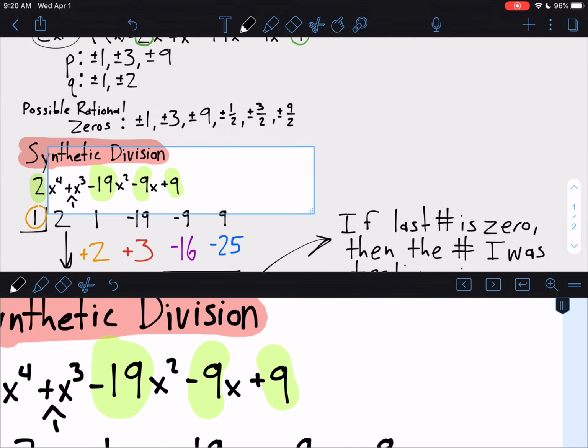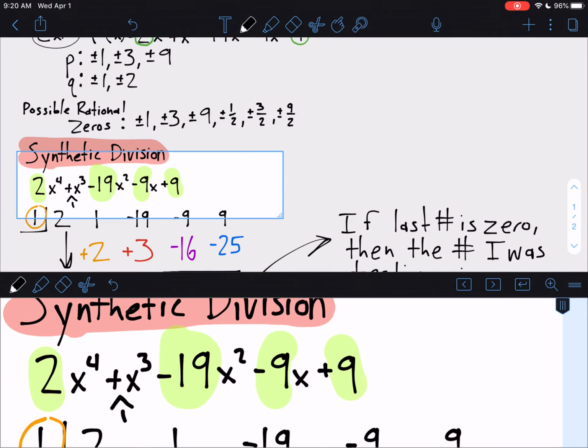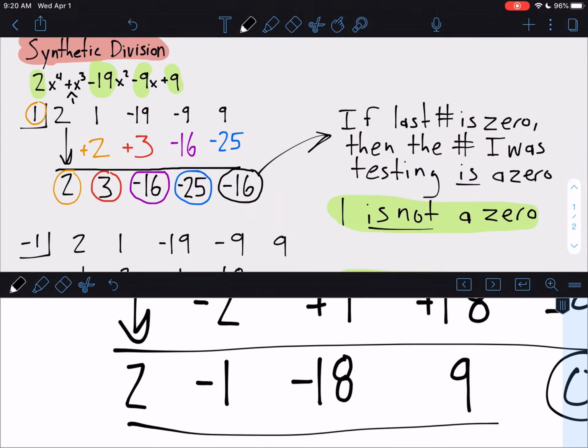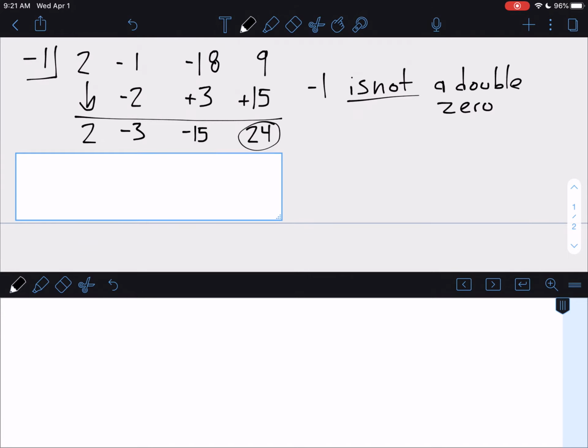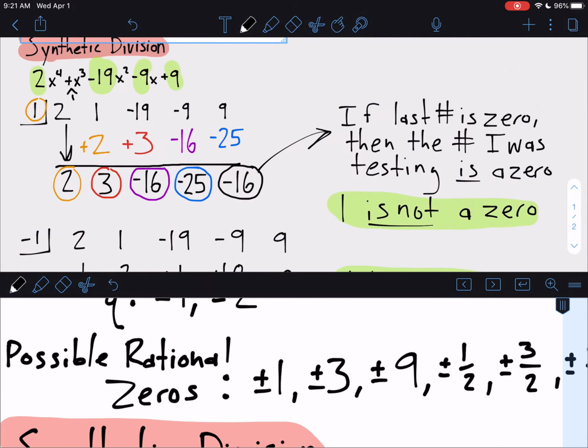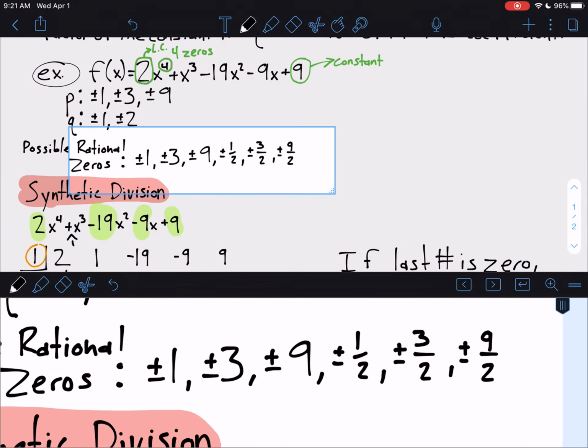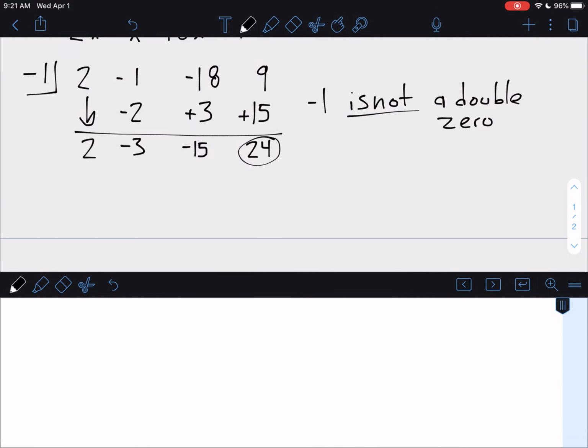So the next thing I got to do, my possible rational zeros, I had positive or negative 1, and the next number I needed to test was 3. So I'm going to be testing 3. Oh, by the way, the reason that I didn't have to test 1 again is because I already knew that 1 was not a 0 of the first polynomial.